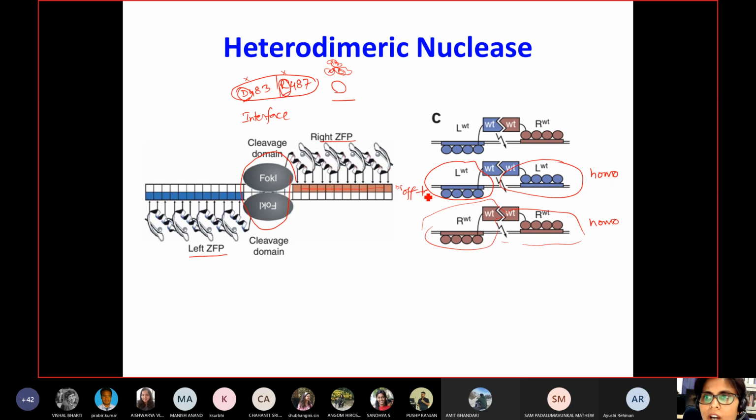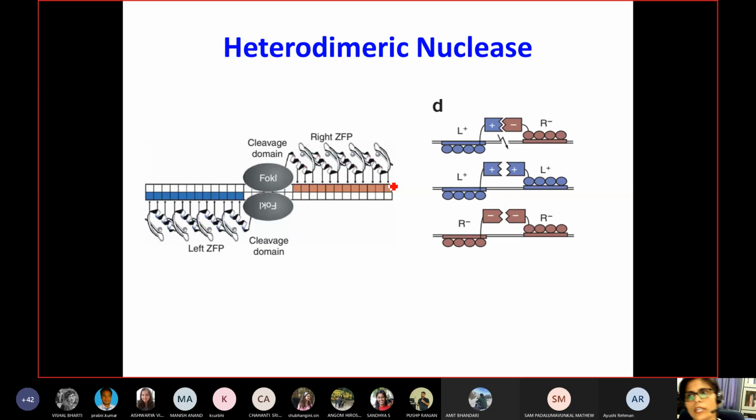You do not want any off-target effects, and for that reason you want this heterodimer situation. The left protein should bind to the left sequence and the right protein to the right sequence, and both should form a dimer in that specific form where you cleave only this DNA and not other DNA. They were facing this problem, and thus the efficiency of zinc finger dimers was improved after knowing the intricacy of these dimer interfaces.